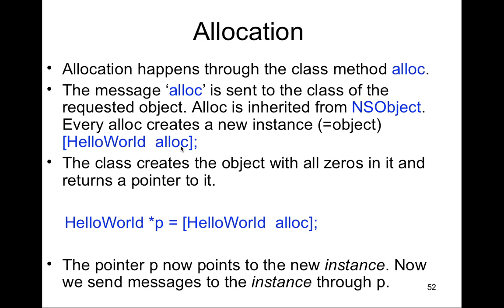So then the class creates an object with all zeros in it and returns a pointer to it. So this always returns a pointer. So objects are always pointers. And a pointer is nothing more than a reference. And it's just that in C, in C++, and in Objective-C, we use this asterisk symbol.